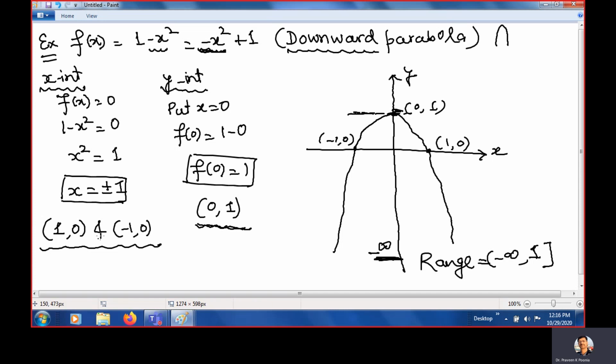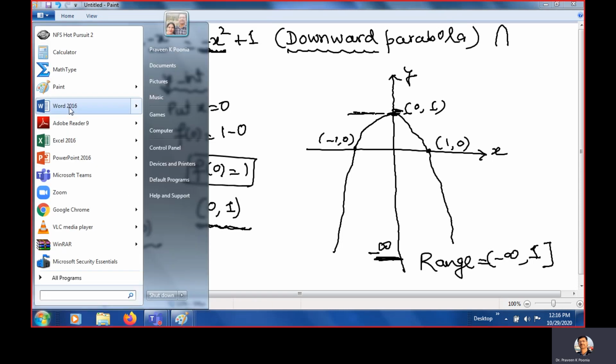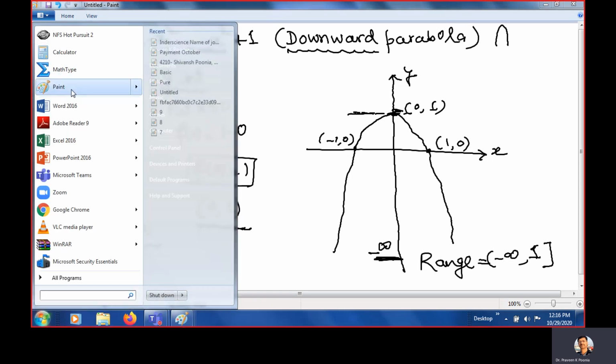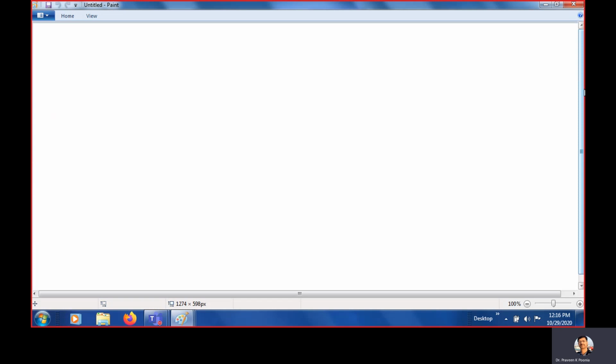And generally we ask this question in your exam questions: what is the range of this parabola? Clear? Now I will explain some specific properties in this slide, and these properties are very important, and I will request you as well as suggest you to learn these important properties.